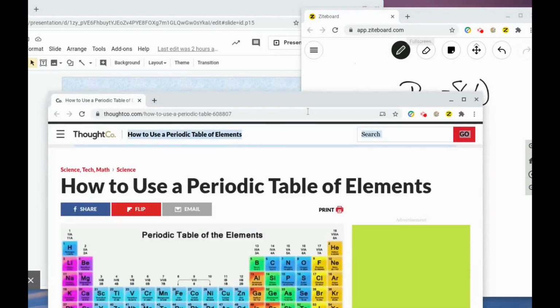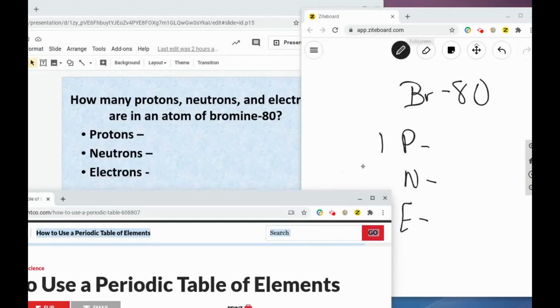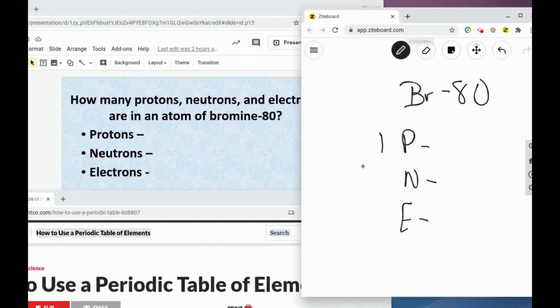So if we pull this up, bromine is number 35. So that's our number of protons. And again, our number of electrons as well. So then, to find neutrons, we're going to take the 80, subtract 35, and that's going to give us 45.